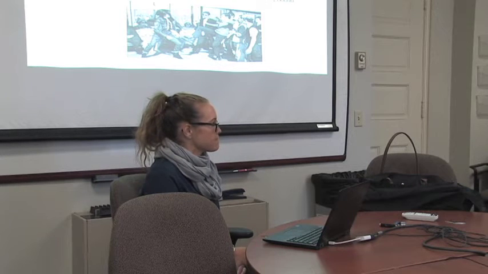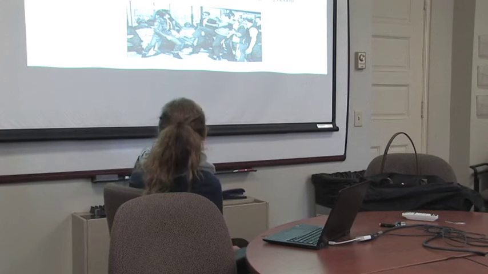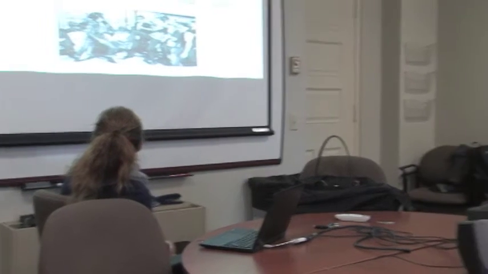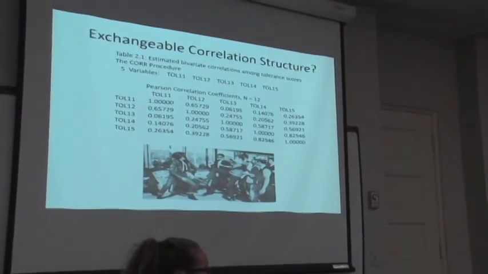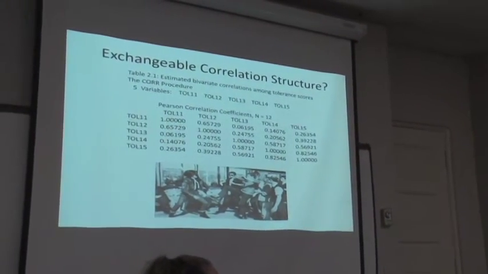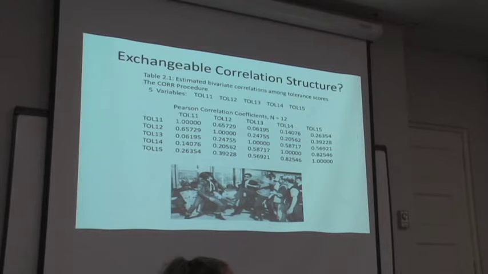So this is a bad example because it's really unstructured, but if you go one up from the diagonal ones, if you made the assumption that 0.65, 0.24, 0.58, 0.82 were equal, you could save computational elements and preserve degrees of freedom. And if the model fits well, it makes the computations more efficient.